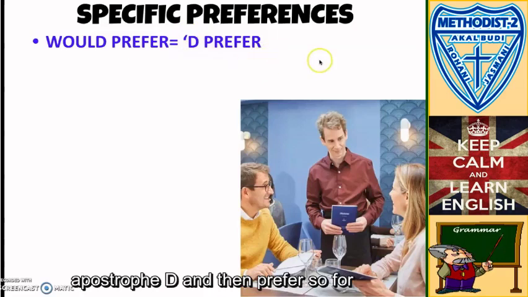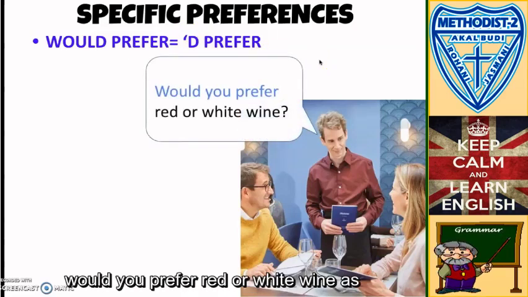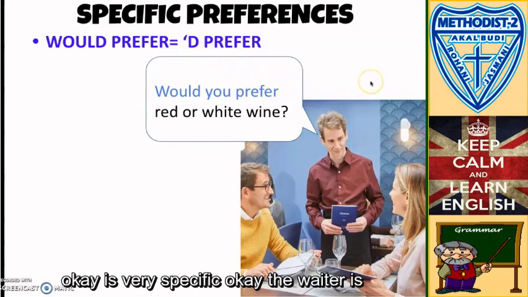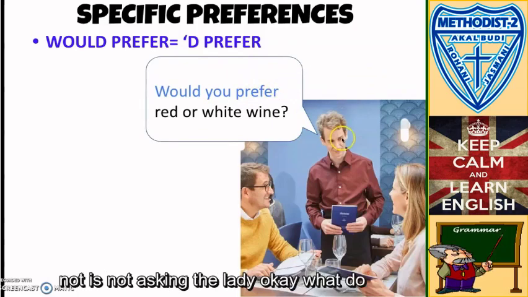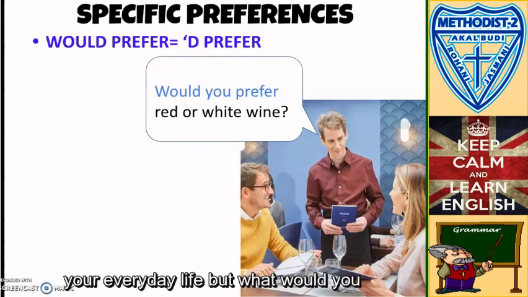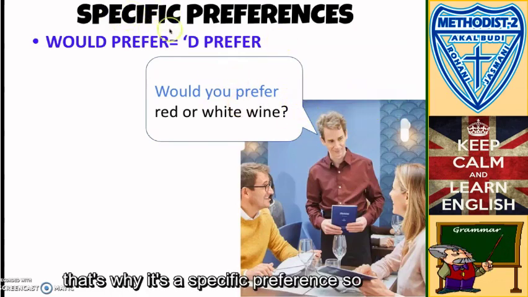For instance, the waiter is going to ask, would you prefer red or white wine? As you can see, this preference question is very specific. The waiter is not asking the lady what do you prefer in your everyday life, but what would you prefer right now at the restaurant? That's why it's a specific preference.